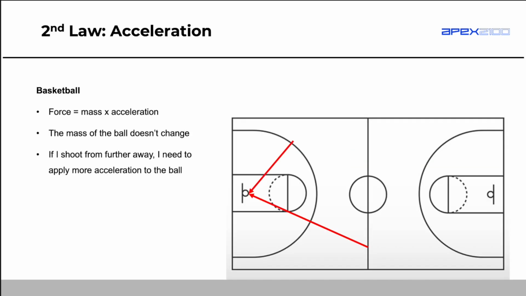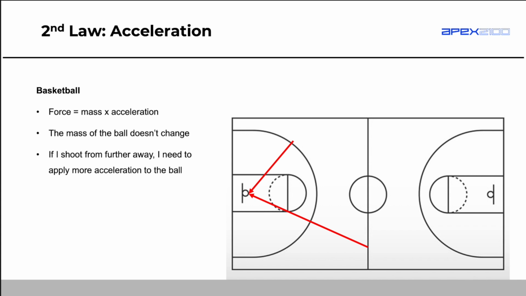For the second law, acceleration, we can think about basketball. Remember, force equals mass times acceleration. So if I'm trying to shoot a basketball into the hoop, the mass of the ball isn't going to change, but depending on where I am on the court, I might need to change the acceleration that I apply to that ball.